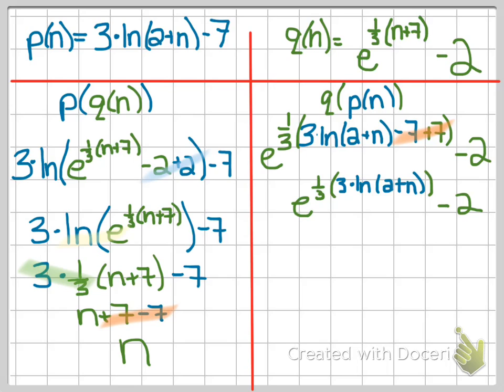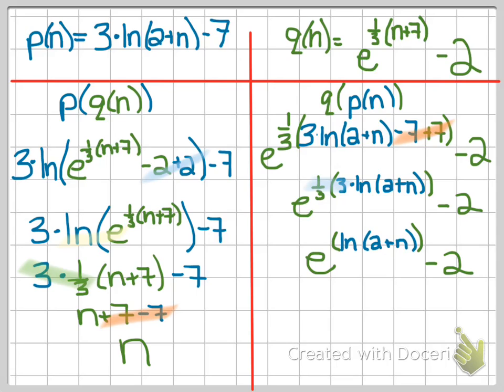So I'm going to rewrite it. e raised to 1/3 of the quantity, 3 times the natural log of 2 plus a number, take away 2. I see that I have the multiplicative identity as well. I have a 1 pair. The 1/3 and the 3 create a 1 pair, and they can cancel out. So I'm left with e raised to the natural log of a quantity 2 plus n, subtract 2.